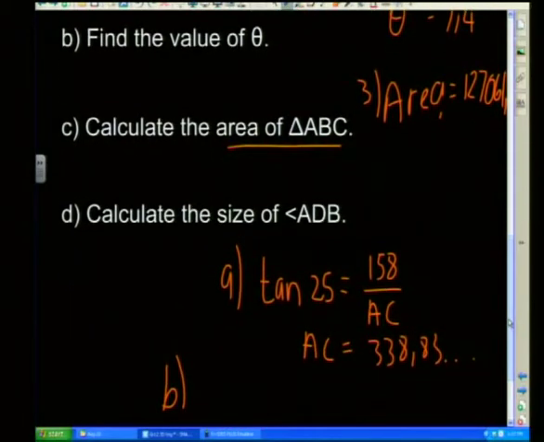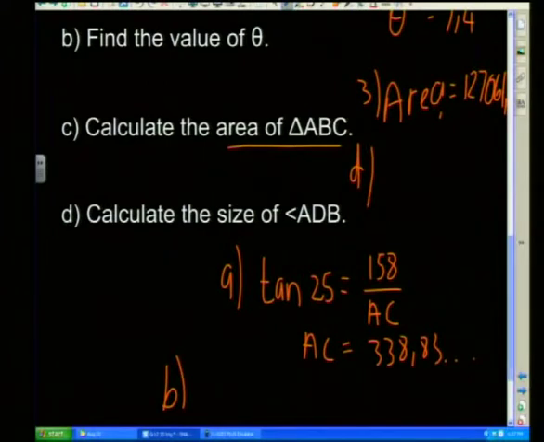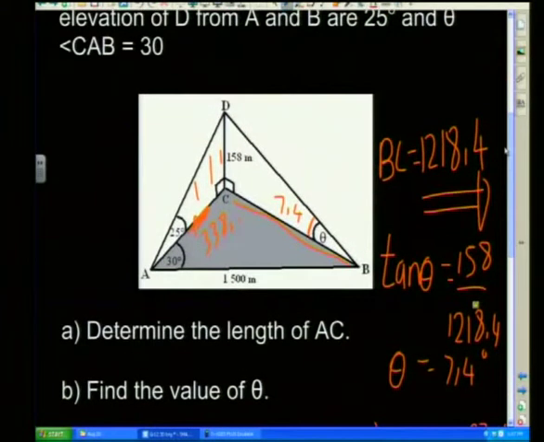Then the last part says calculate the size of angle ADB. So have a look at angle ADB. It's going across two different planes, all right? Worst thing you can do right now is see this as a flat triangle and work across the planes. That would be wrong. You've got to work in each individual triangle, so in triangle ADC, and then in triangle DCB.